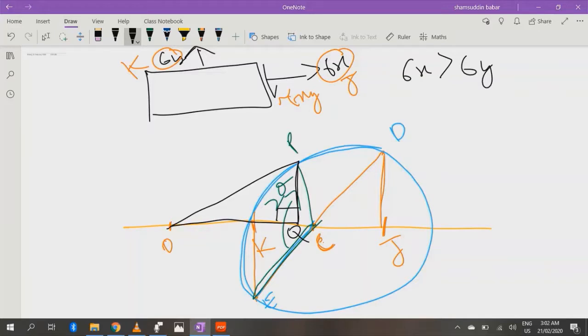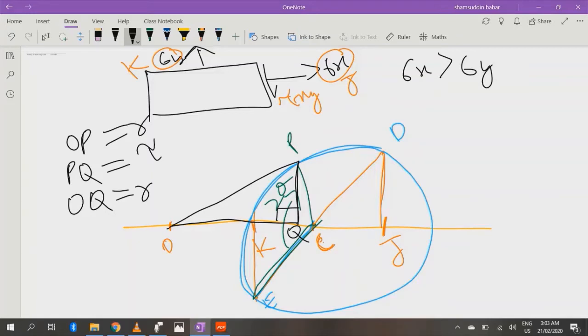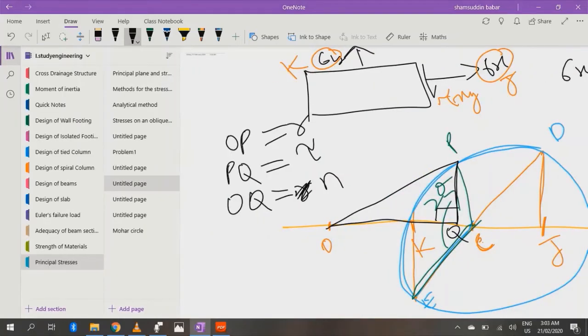Now we know that OP is the resultant stress, PQ is the shear stress, and OQ is the normal stress. So these are our 4 cases for this Mohr circle.